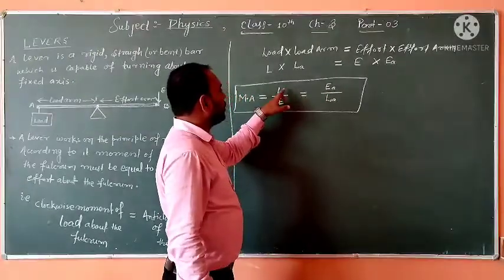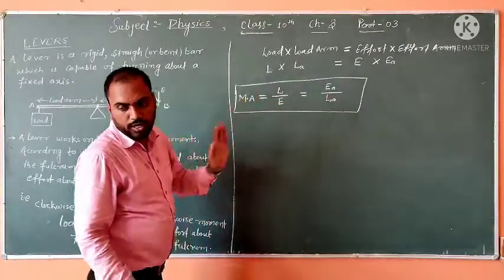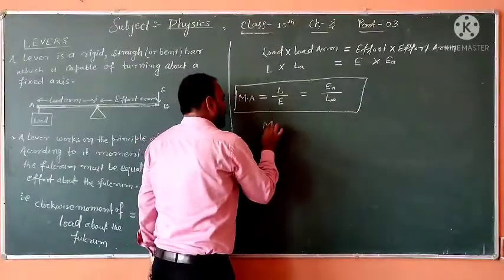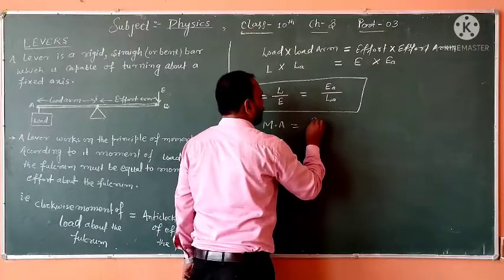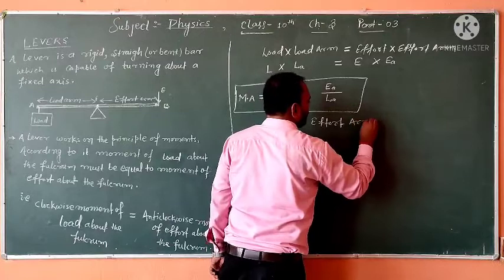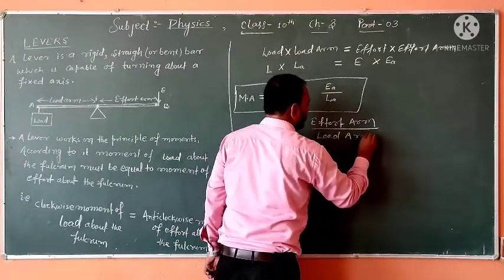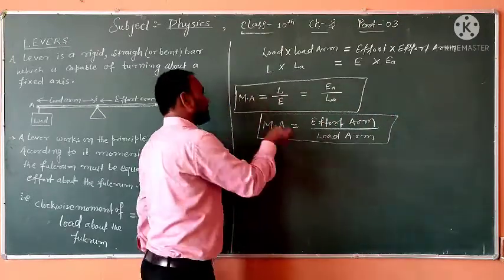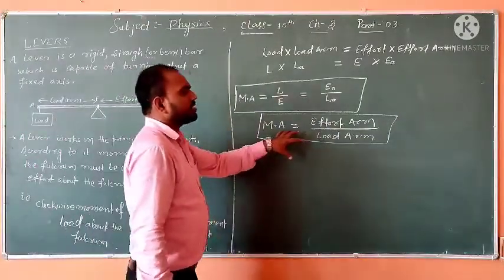Just opposite: load upon effort, effort arm upon load arm. I hope you understand it. The mechanical advantage of a lever will be written as effort arm upon load arm. For convenience, I have written it. I hope you will find it easily.